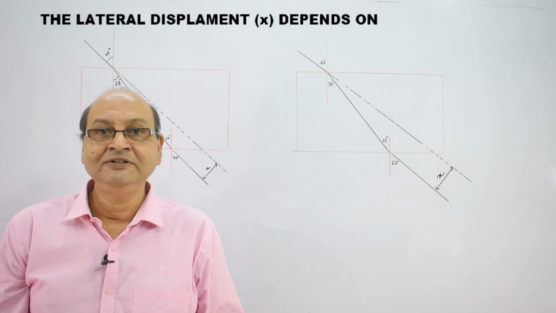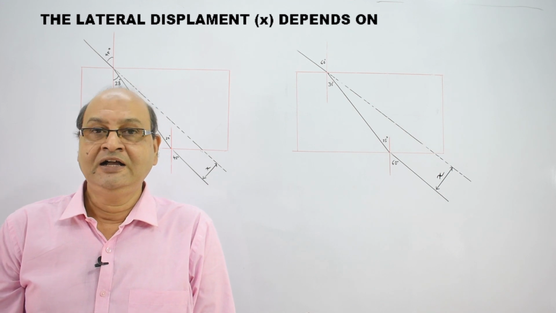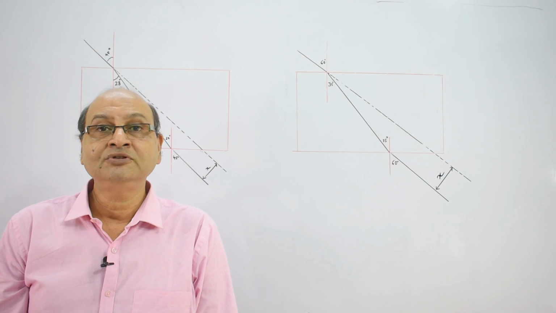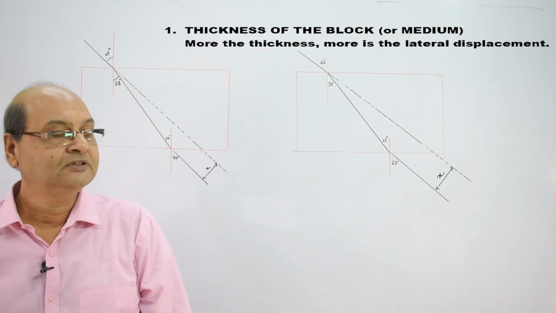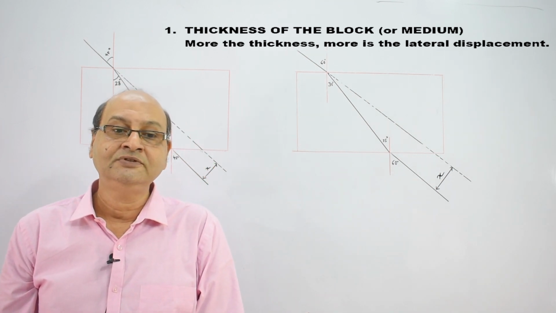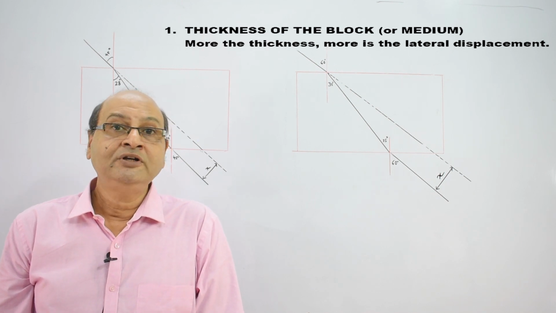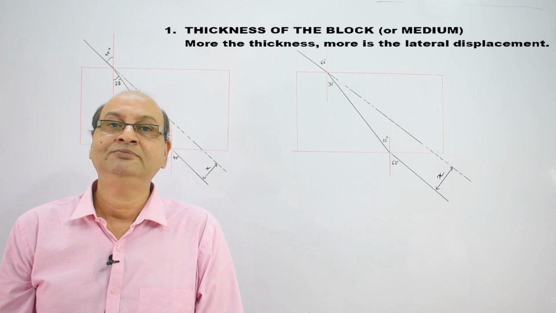Actually there are three parameters or three things which affect the lateral displacement length. Now what are those three things? Let us see on the board. First is the thickness of the block, or medium: more the thickness, more the lateral displacement.